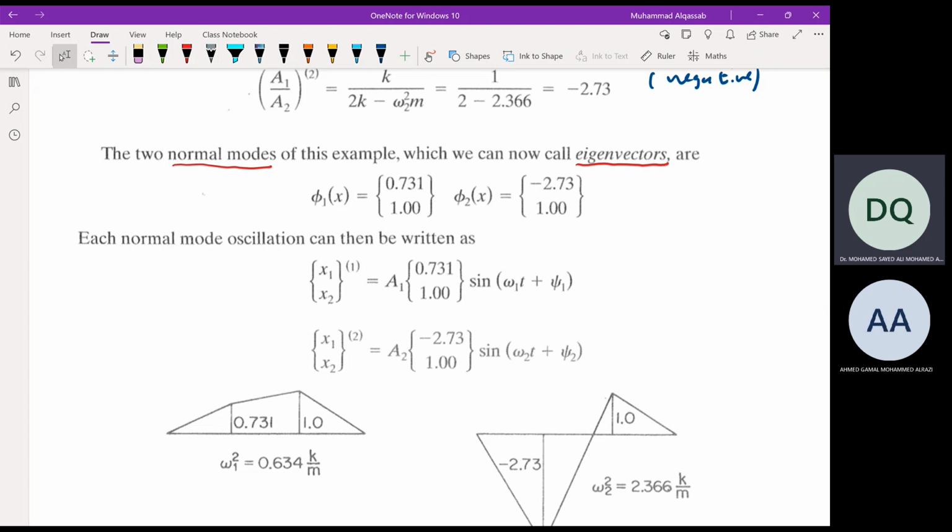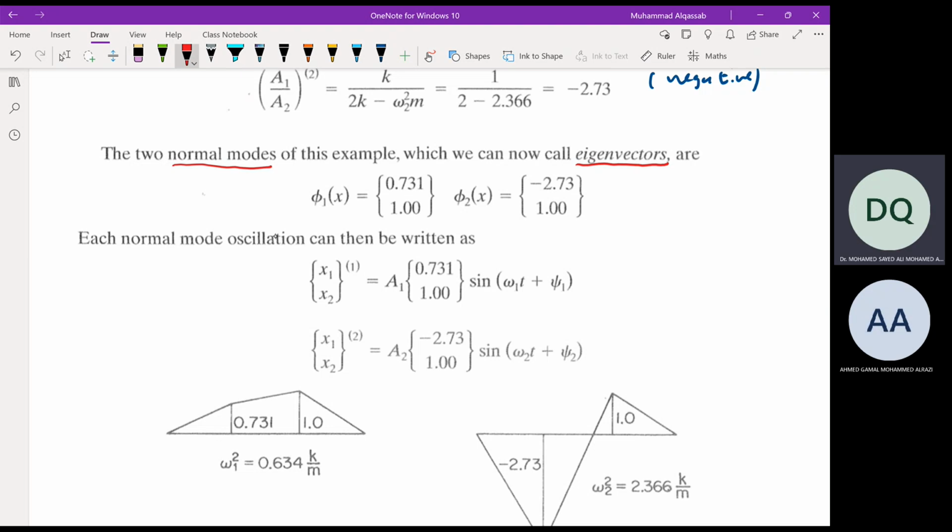Okay, the normal mode analysis is now in each mode, normal mode oscillation. We can write the equation of the response. If the system is oscillating for the first mode, you will write x1 and x2 as A1 times the eigenvector number 1 times sine omega 1 t plus psi 1, if it is oscillating with omega 1.